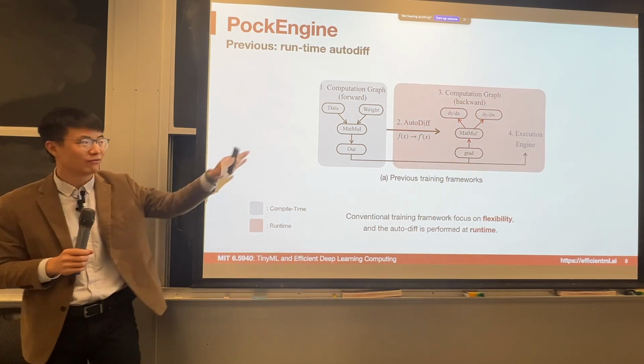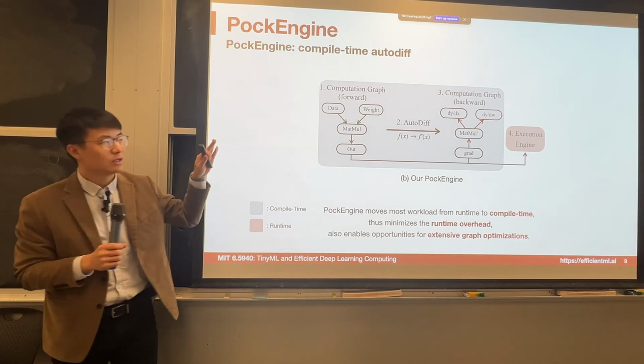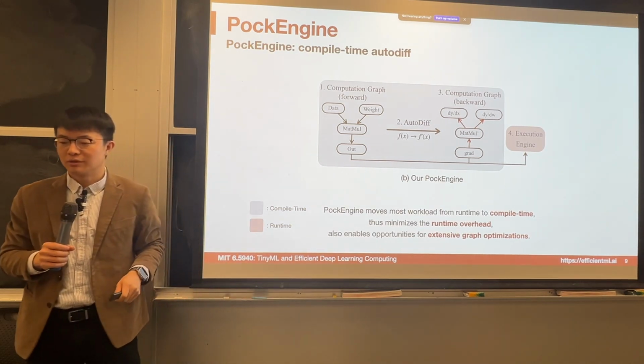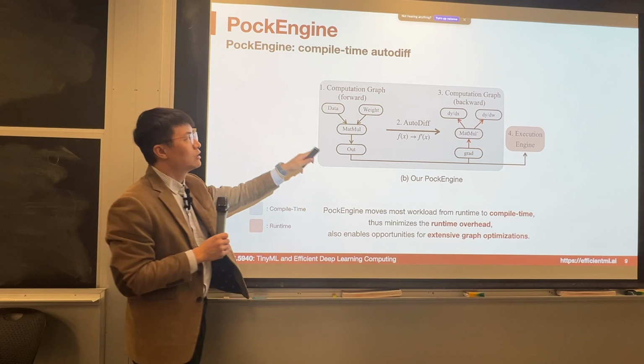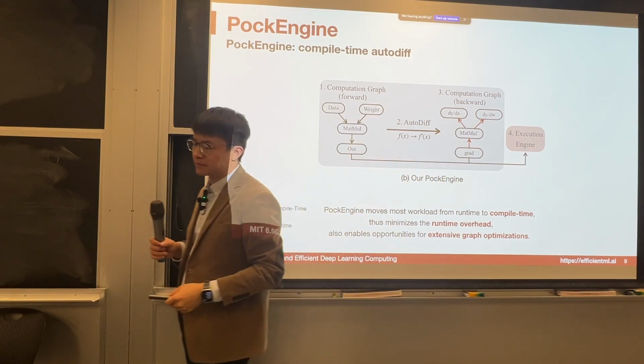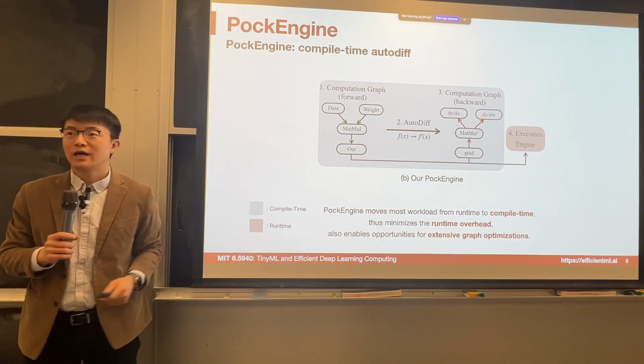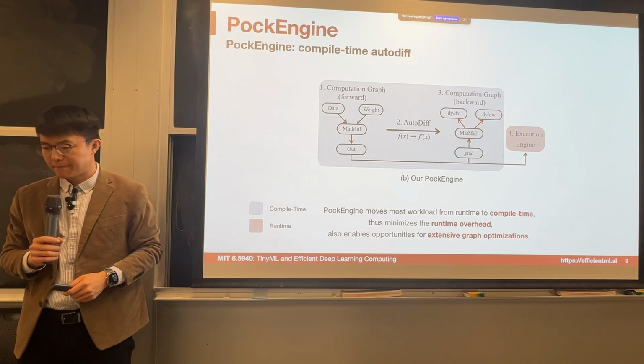Rather than have a very heavy runtime, we are pushing a lot of the compute to compile time, the blue part, including both the forward graph calculation and the backward graph calculation. In this way, we can minimize the runtime overhead for training.